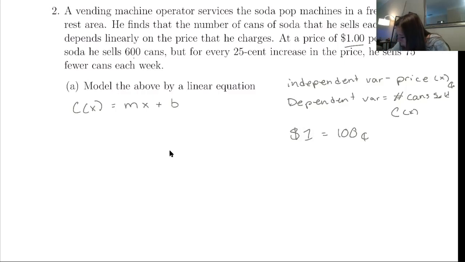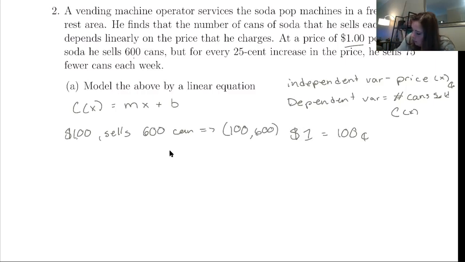That gives me the point, let's say $1 sells 600 cans. That gives me the point on my graph (100, 600). Okay. But for every 25-cent increase in the price, he sells 75 fewer cans each week.